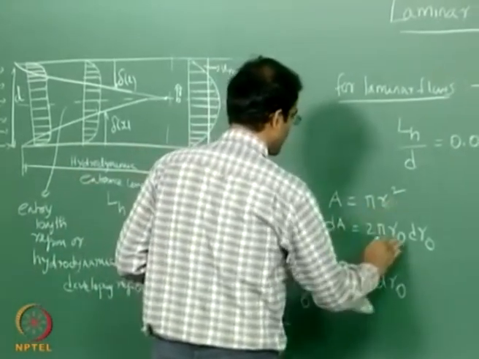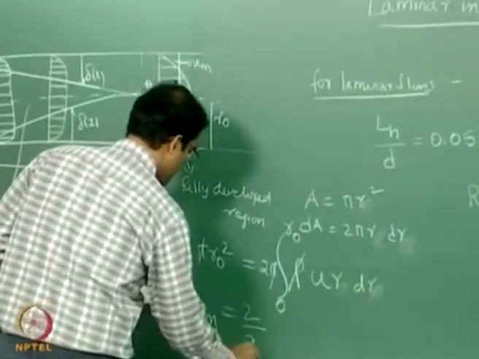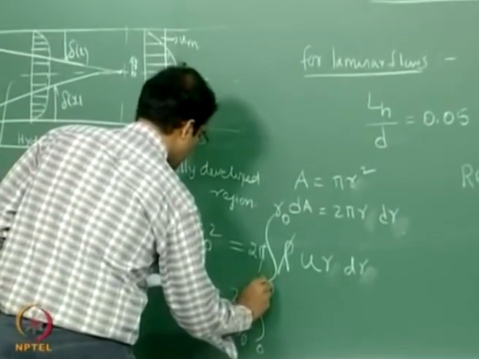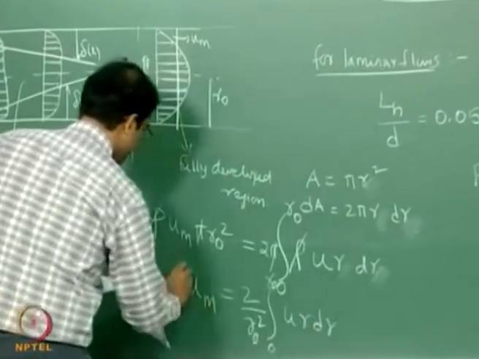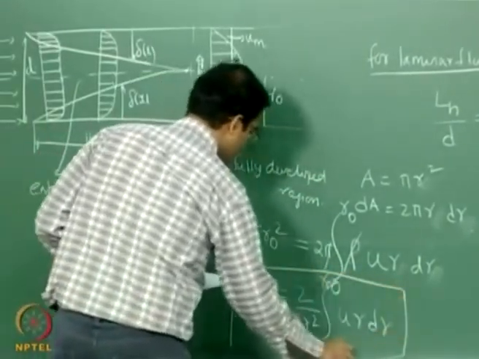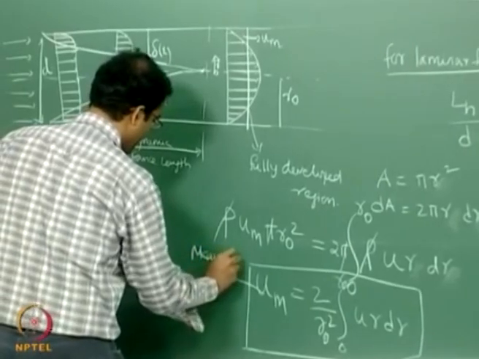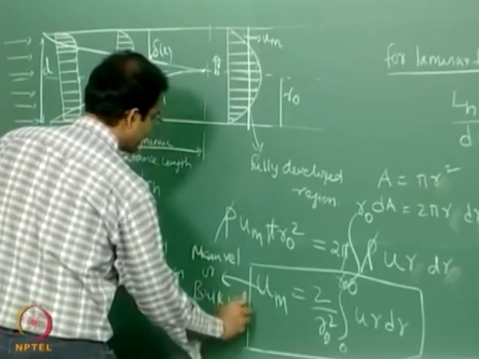Okay, so this should be 2 by r naught square integral 0 to r naught u into r dr. So this will be the definition of my mean velocity, or what I call as bulk velocity in internal flows.